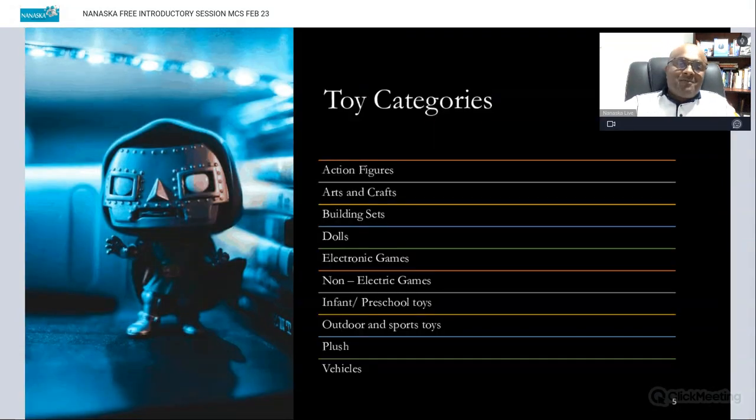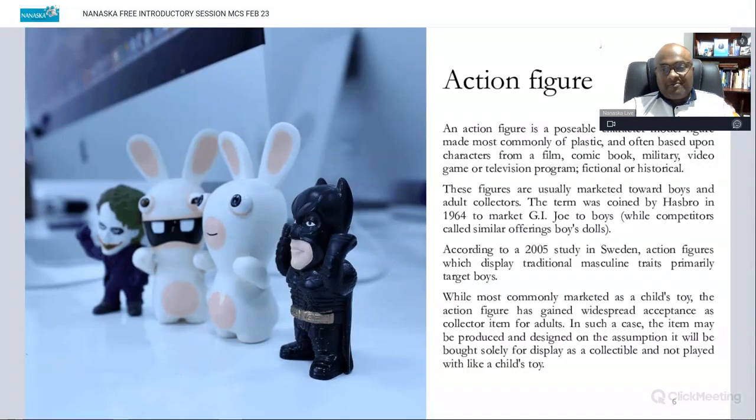Again, we are talking about different topics here. There are different types of toy categories available, like electronic games, dolls, building sets, arts and crafts, infant and preschool toys, outdoor and sports toys, plush, vehicles. All those come under the category of toys.